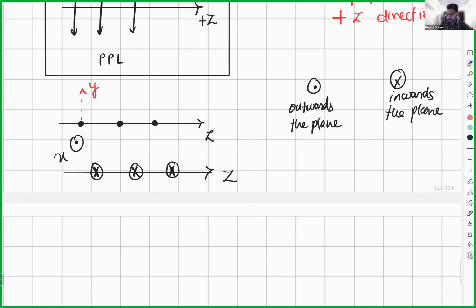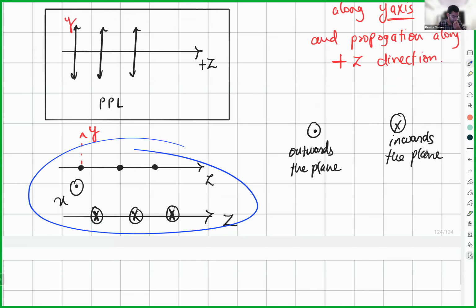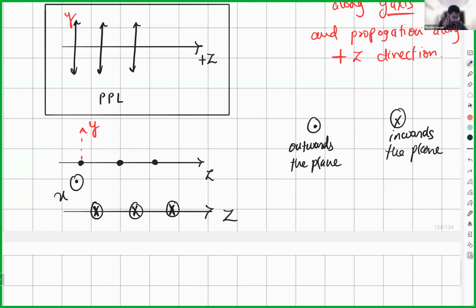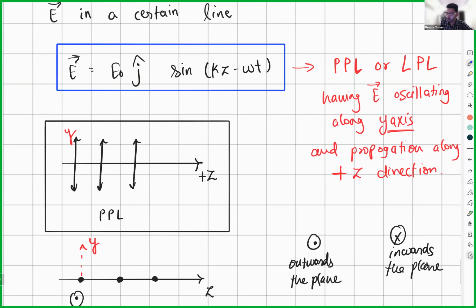Now you'll quickly realize that both these cases are actually the same, because there are back and forth oscillations of the electric field, obviously. But this is how it can be represented.